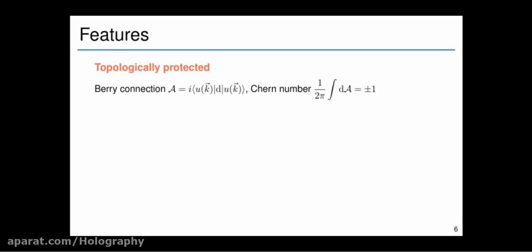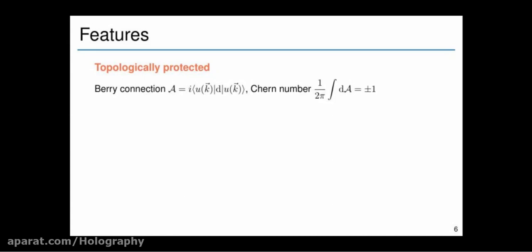So just to remind you what that is, if you have some Hamiltonian that depends on some set of parameters, in our case the Hamiltonian depends on the momenta, k, then you can find some corresponding set of normalized eigenstates that depend on these parameters. And that's what the u_k are in this equation that I've written down.